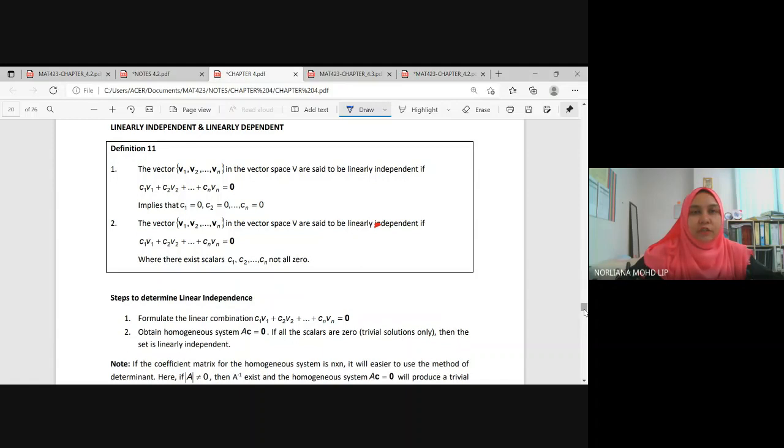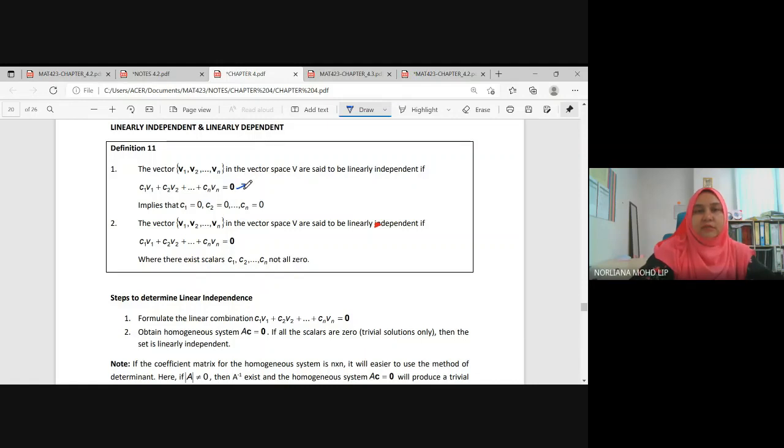Okay, definition for linear independent. Okay, is linear independent and linearly dependent. Okay, definition 11. Okay, number 1 mention that linear independent. The vectors v1, v2 until vn in the vector space V are said to be linearly independent if C1 V1 plus C2 V2 plus until Cn Vn is equal to a zero vector.